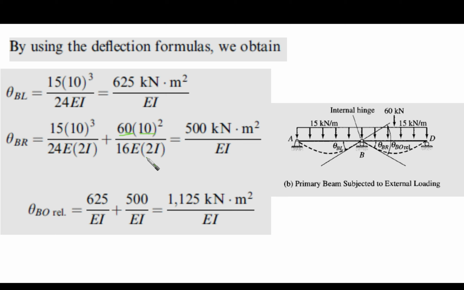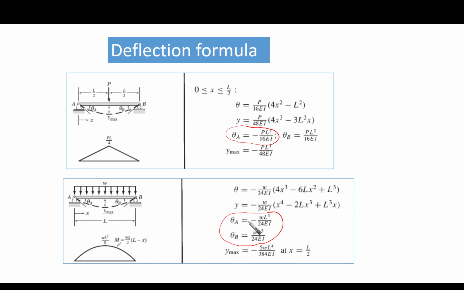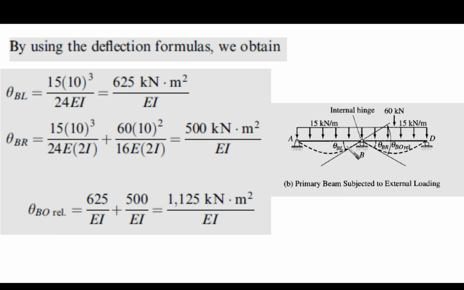Okay, so here remember well that we are dealing with superposition. The value of the minus here is okay, but we want the magnitude actually, because here we are going to say that theta B original is going to be the magnitude of theta B left plus the magnitude of theta BR.